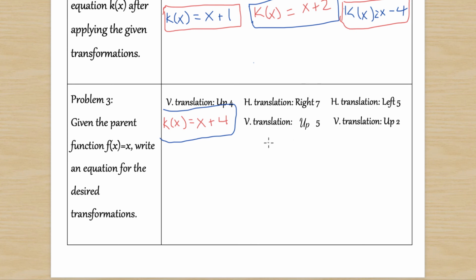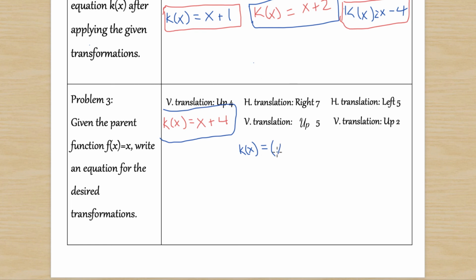So for this one, it says we want a horizontal translation right 7 and a vertical translation down 5. So we're going to start with our k of x, which is going to be equal to, and then they want a horizontal translation. Remember, horizontal translation happens inside of the parentheses. So remember, when we want to move something to the right, the sign has to be negative.